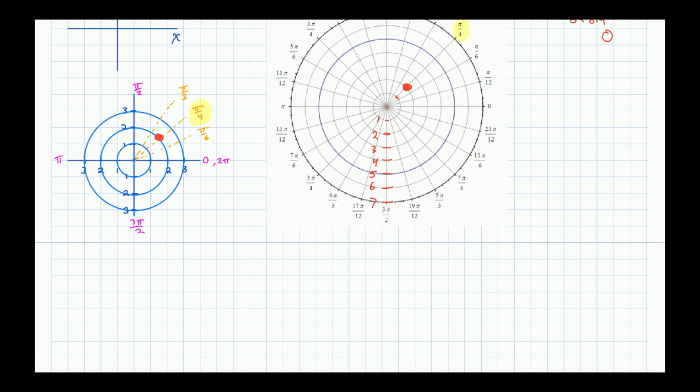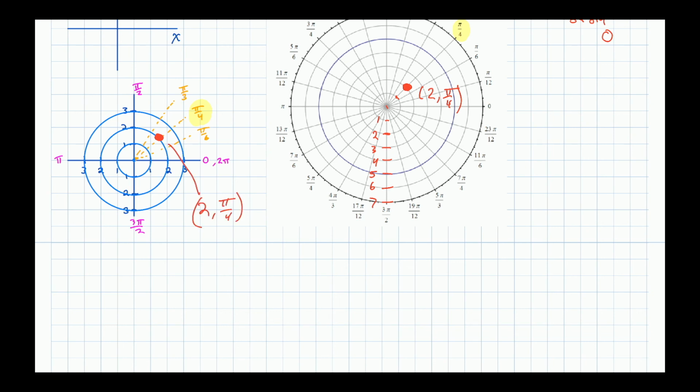And I could have labeled it differently if I wanted. I could have gone like 1/2, 1, 1.5, 2, 2.5, something like that. But I did not. So here's our point. This point is 2 comma pi over 4. Right, same thing here. This is 2 comma pi over 4.